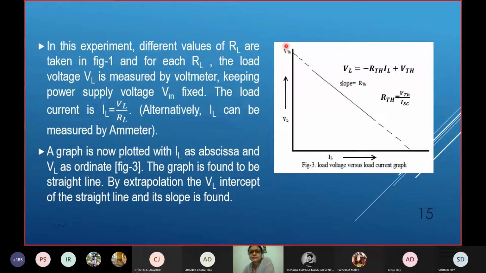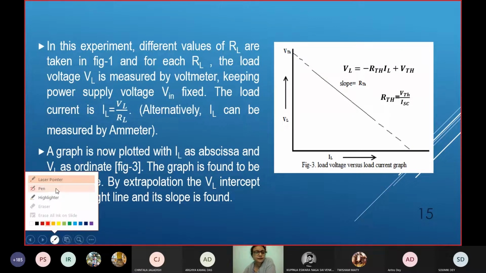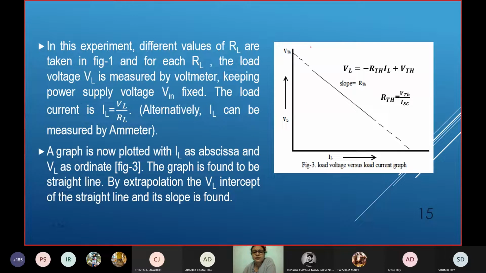And you see this point is nothing but (0, V Thevenin), and this point is (ISC, 0). So find out the gradient. What would be the gradient M?